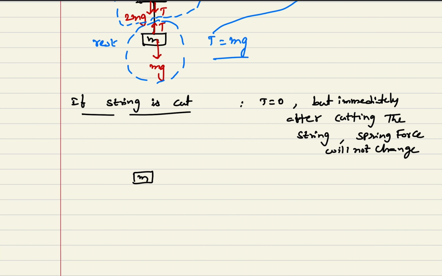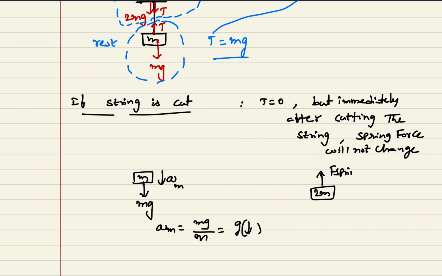In that case, we can see that the small m body is there now. That will be falling under mg. So this is the acceleration of the m body. We can write acceleration of m is equal to mg divided by m, that is g in the downward direction. In the same manner, if you take the 2m block, the forces acting are F spring in the upward direction, T acting downward, and 2mg acting downward.